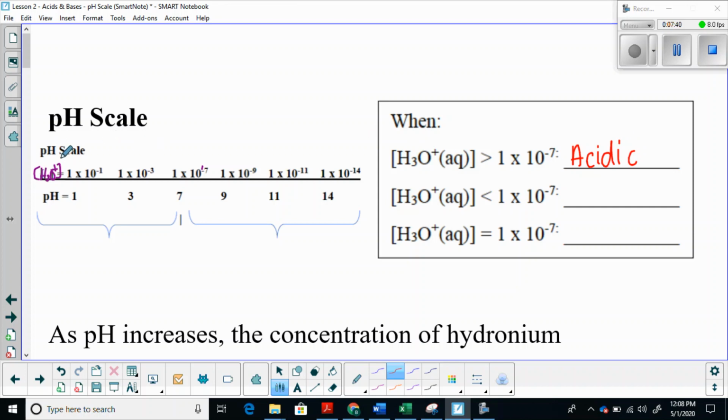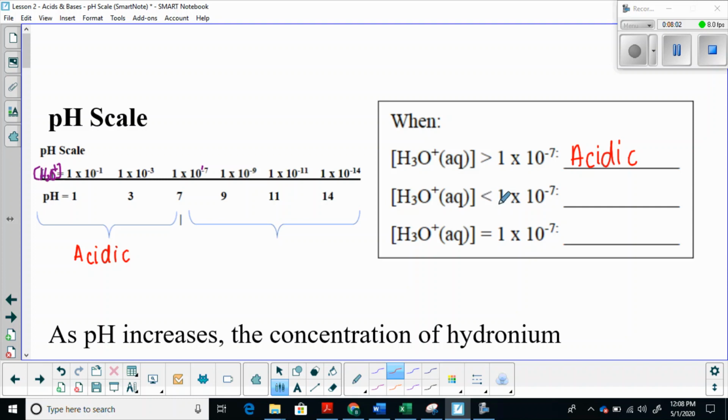Okay, so it's going to be in this region here. Now, I know this may be a little bit harder to memorize with the hydronium ion. So if it helps, if you know the pH ranges, you should be good.